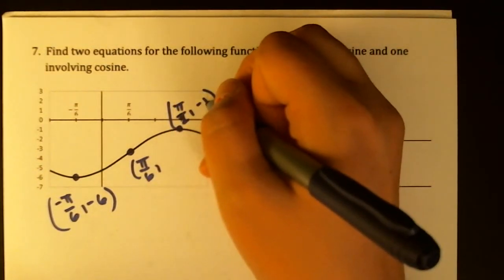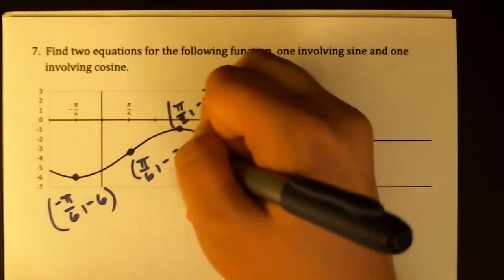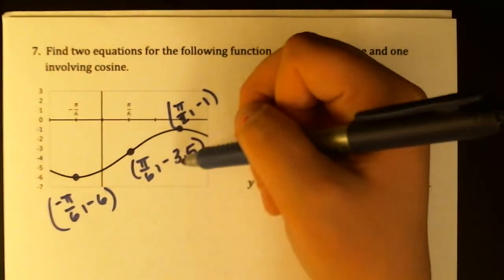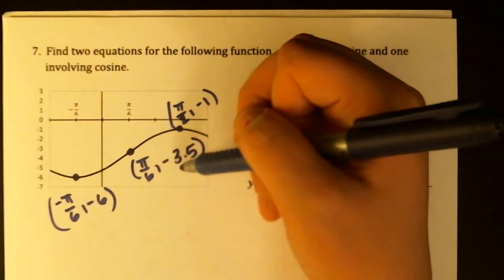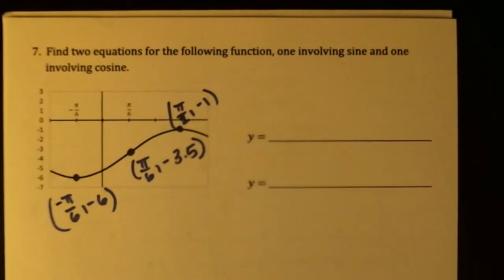So from here, if we go down 2.5, we get negative 3.5. And then just to check it, from there if we go down 2.5, 3, 4, 5, 6, it gets to negative 6. So that seems good.